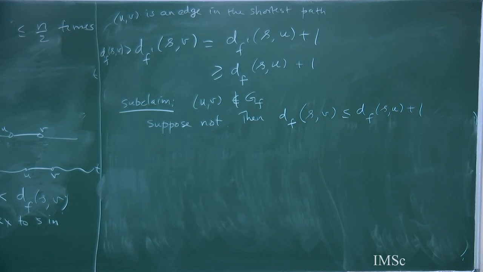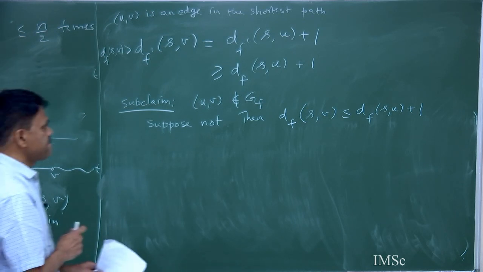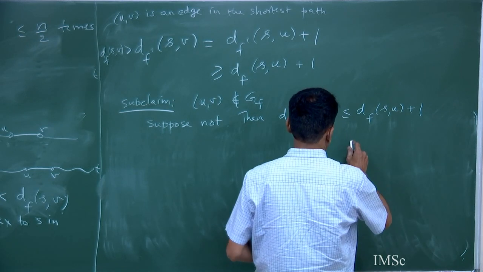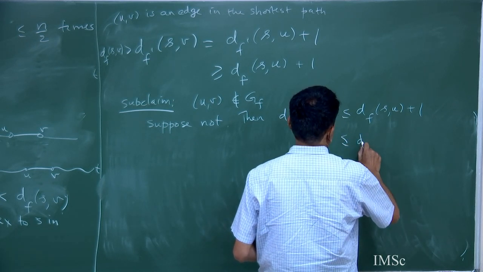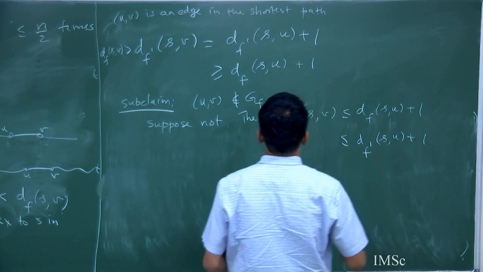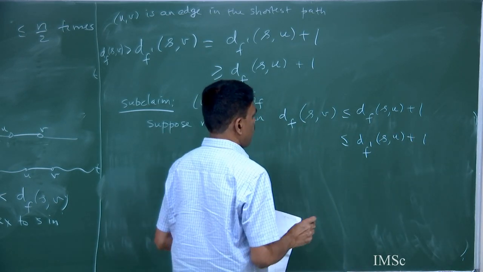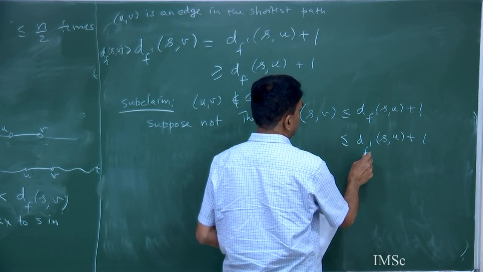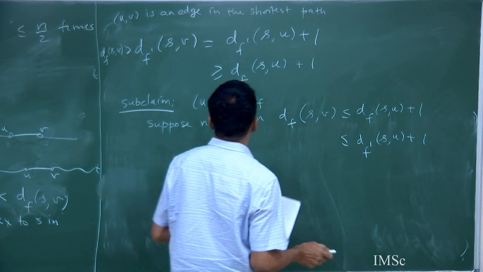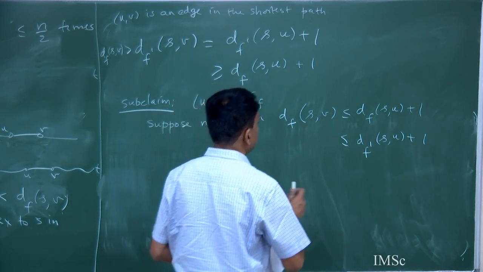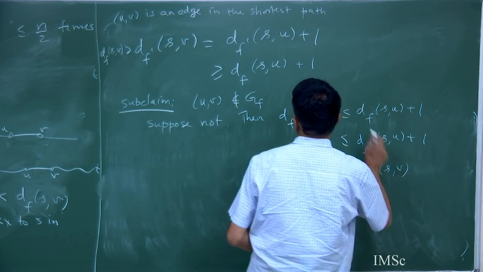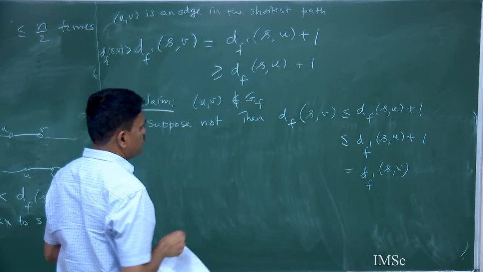because this is less than or equal to df prime SU plus 1, because for U in F prime the distance only remains the same or increases, and df prime SU plus 1 is equal to df prime SV, which is sort of a contradiction.